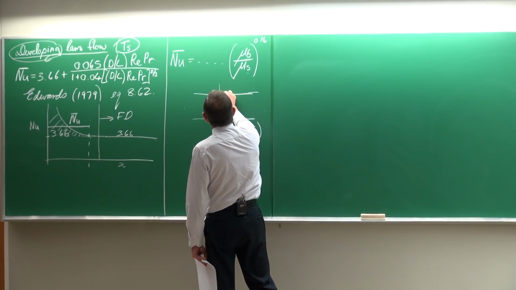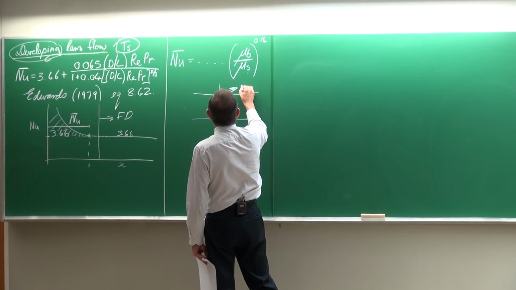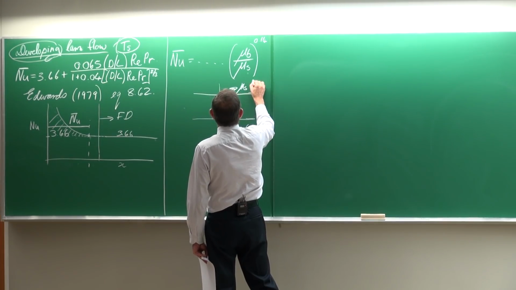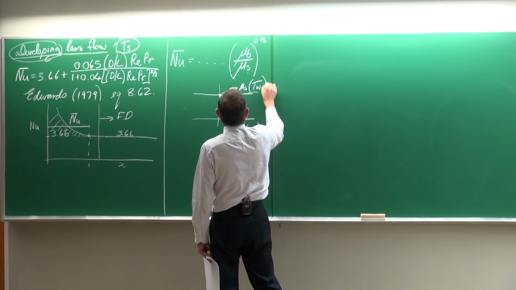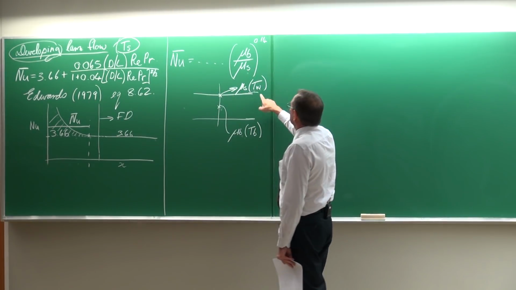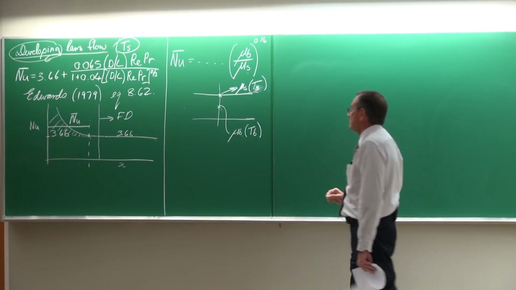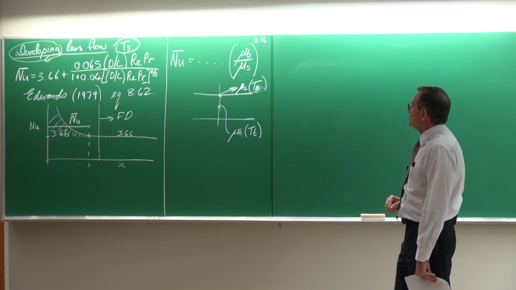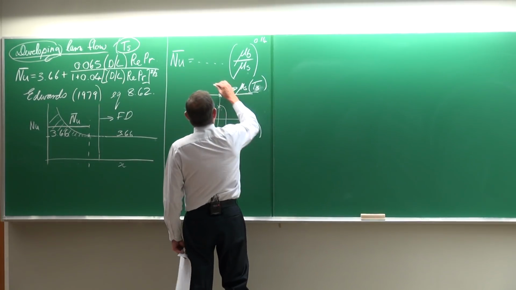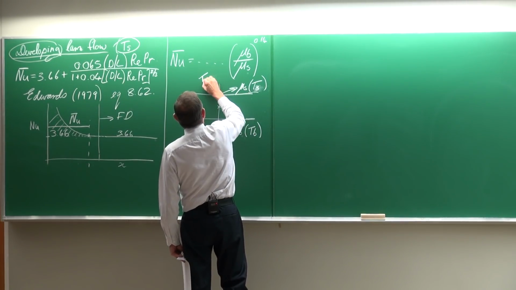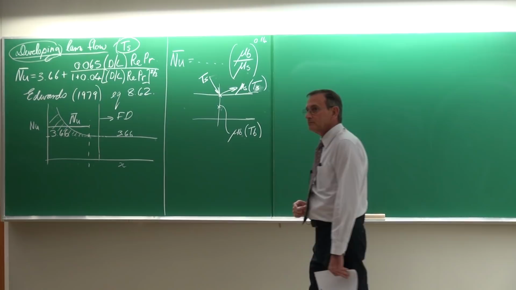However, in some cases, you need to get the viscosity on the wall. So that's the viscosity on the wall. And they are using the surface, so let's rather use S for surface to indicate it is where the temperature at the surface is, so there's the temperature at the surface.